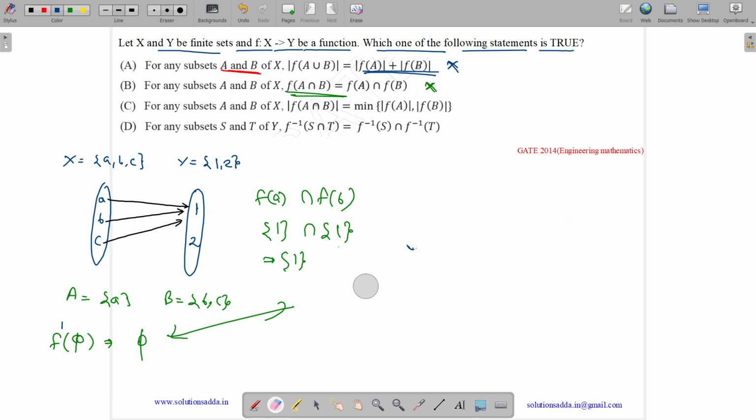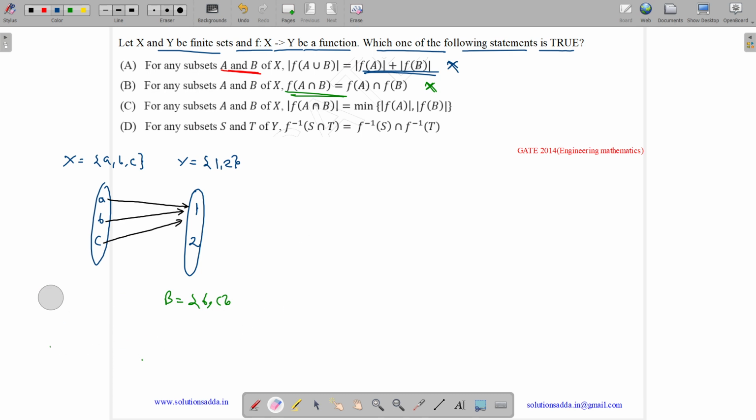Now let us see option C. What was our A set? A set consisted of only a and B set consisted of b and c.